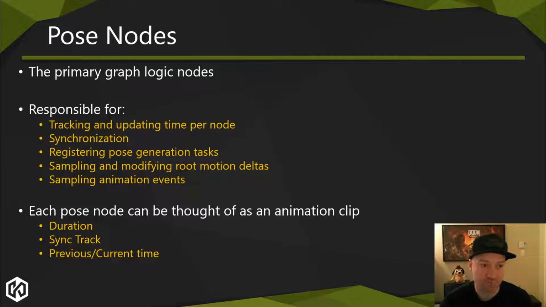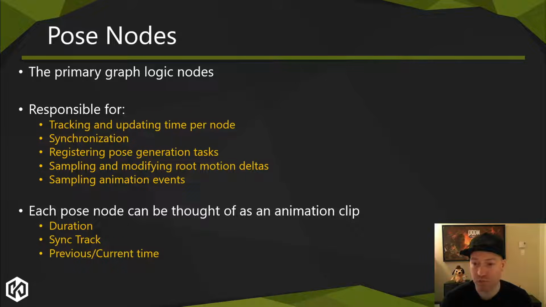So moving on to the pose nodes, these are kind of the primary nodes for what you would conceptually think of as an animation graph or a blend you would need to do. They basically track the time per node. They manage synchronization, which was covered in the animation basics. So basically, again, it's a time update mechanism.